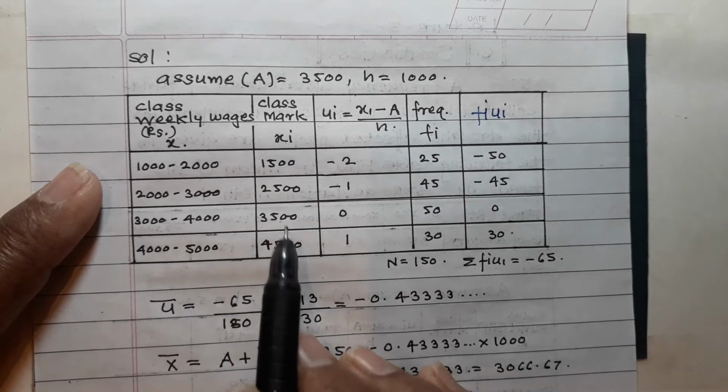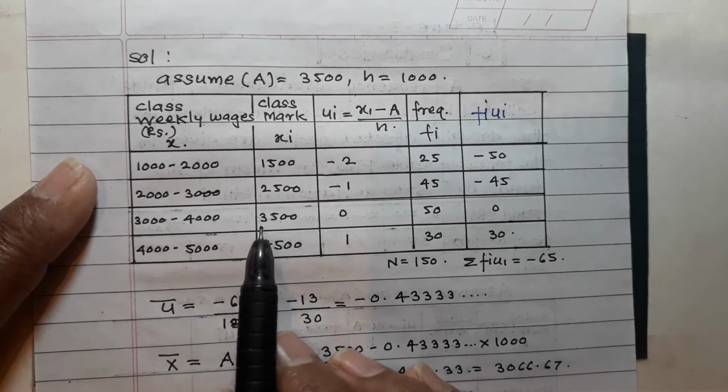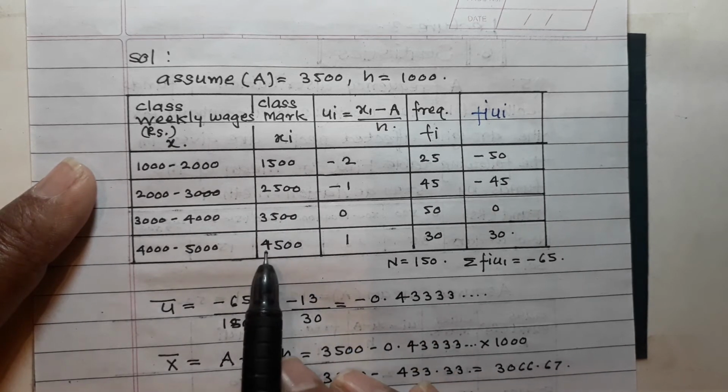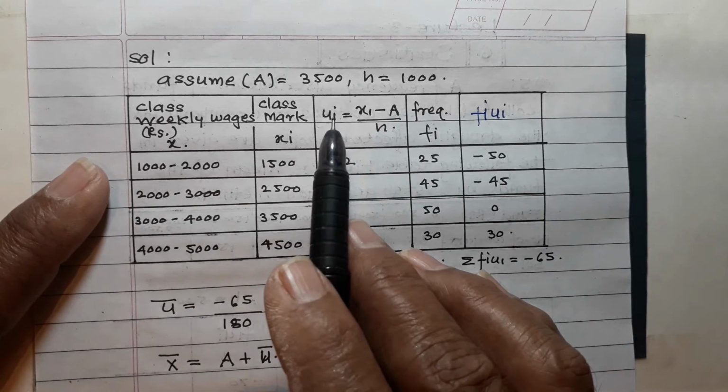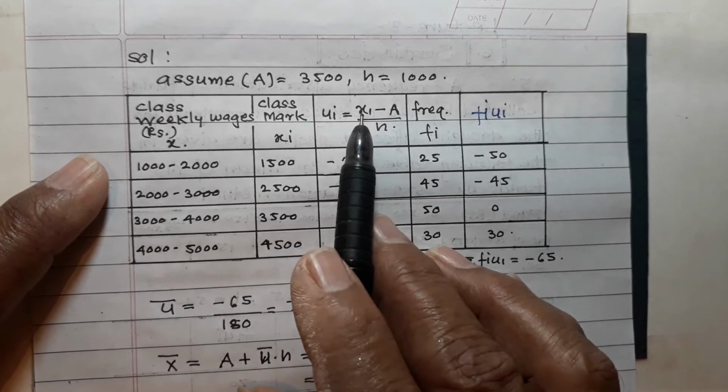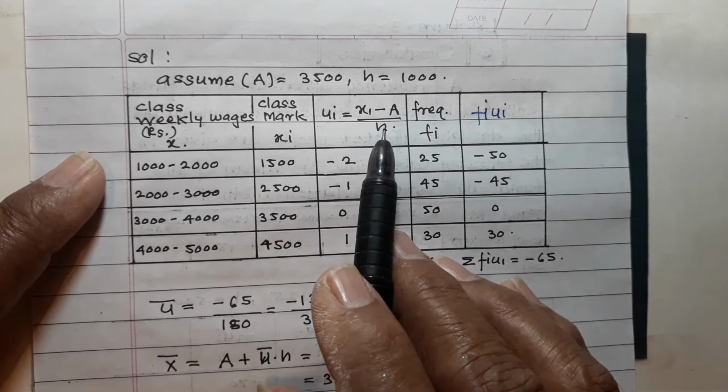And now this one is 2500, 3500 and 4500. Then find ui, that is xi minus a upon h.